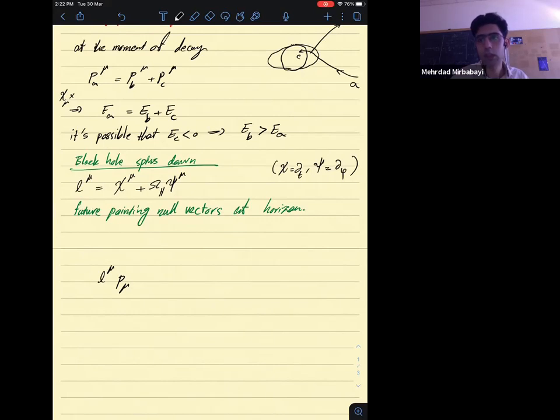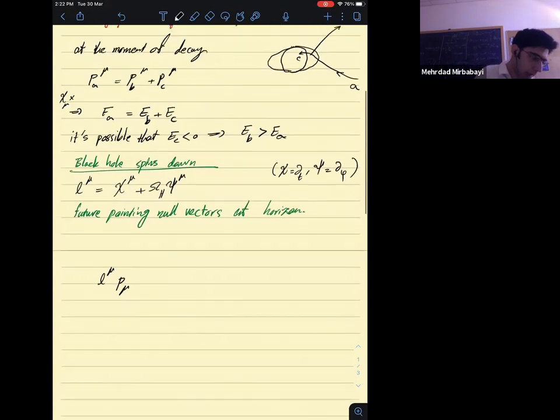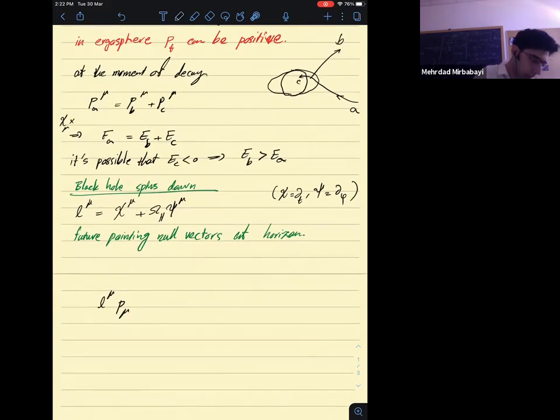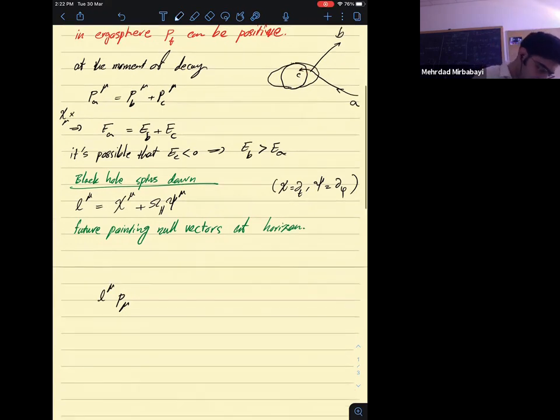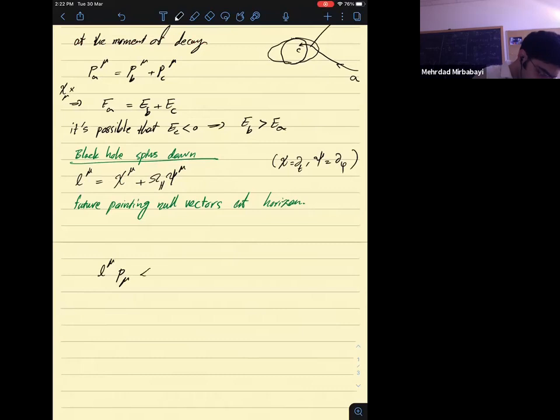So the inner product of two future pointing four vectors has to be negative in my signature. So this P mu can be the four momentum of particle C that falls into the black hole. So this product has to be non-positive, less than or equal to 0.